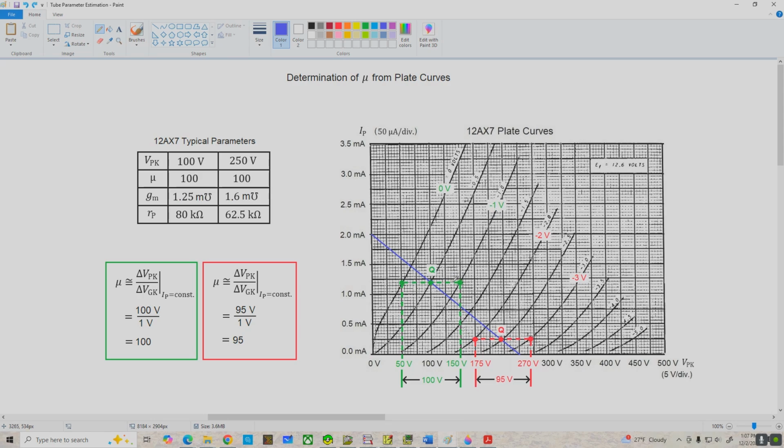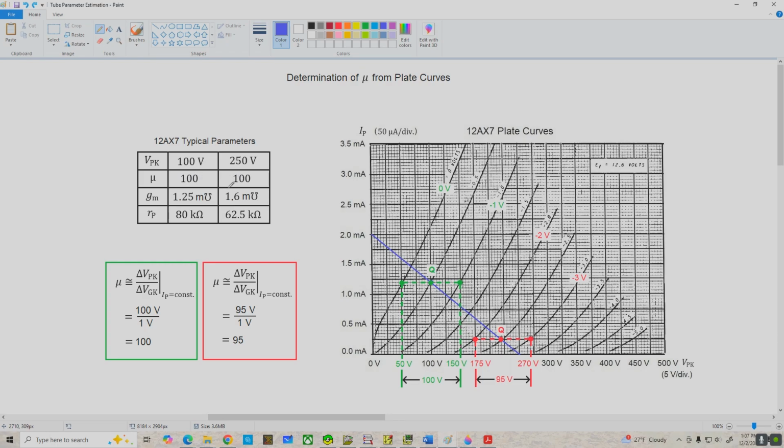All right, so we've got a delta VGK of 1 volt, and that corresponds to a delta VPK moving from 50 volts to 150 volts, or 100 volts. So our mu for this Q point is approximately equal to delta VPK, 100 volts, divided by delta VGK, 1 volt, which is a mu of 100, and that's the typical value given for the 12AX7, so we shouldn't be surprised.